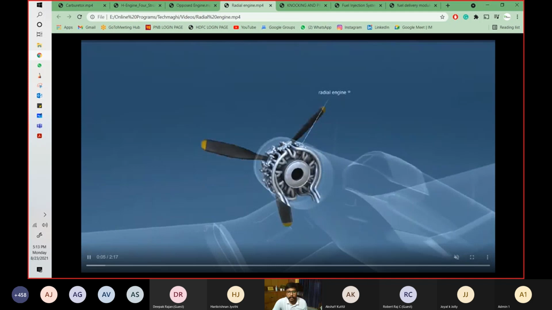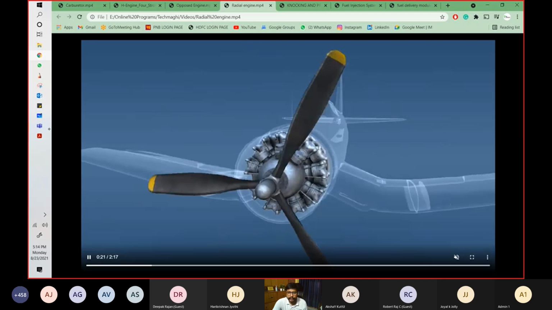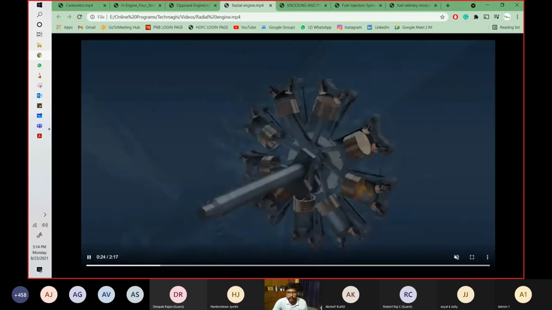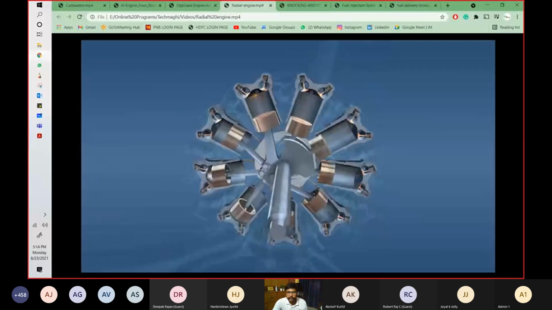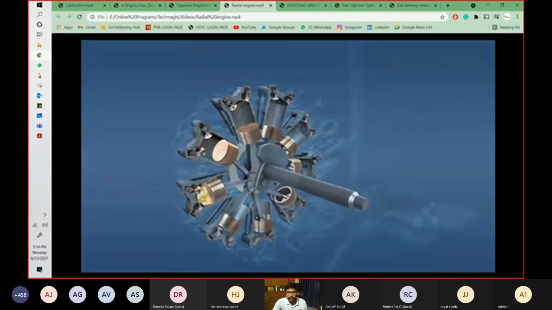Now this engine is running, and this is the cylindrical arrangement of the pistons. And this is how these are connected to the crankshaft, and then the crankshaft is connected to the blade, and this is how this aircraft engine works.